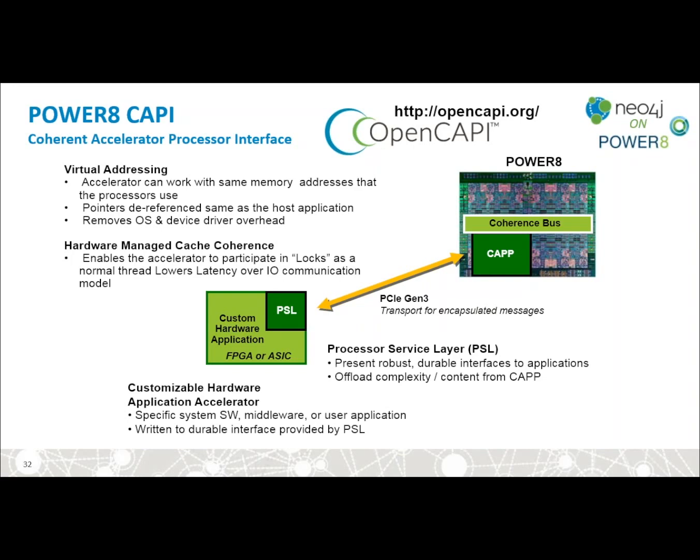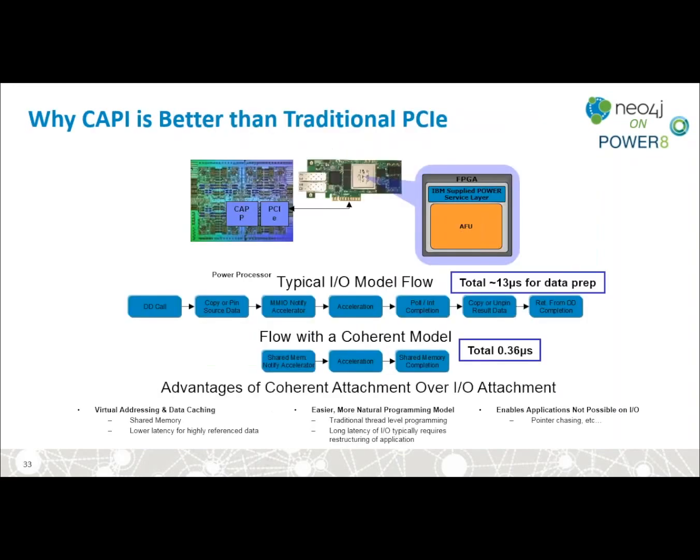So what does this mean? Why do we need CAPI and what does it do? Here is a very simple view. Like I mentioned before, this allows an external accelerator to act very closely with the Power processor core, and we eliminate a number of device driver overheads for attaching an external accelerator.